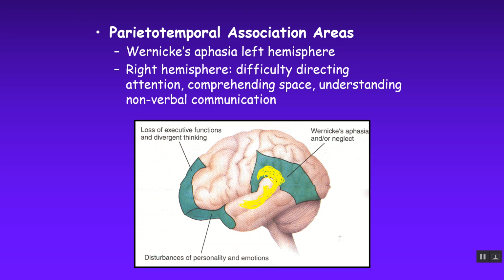If it's a right hemisphere lesion, this can lead to difficulty with directing attention, comprehending space, and understanding nonverbal communication. That's especially going to be true to the left side of their environment. If it's a right-sided lesion, they have a harder time with the left side.